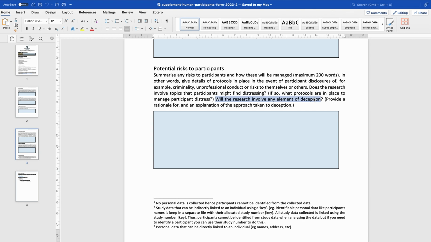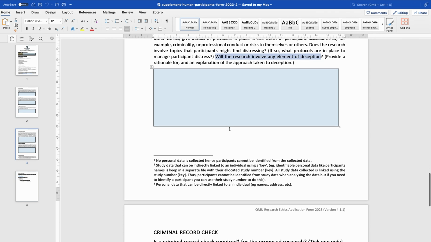So there's a good reason there to deceive them at the very beginning. So in that case, you would explain the rationale and explain the approach, and explain that they will be informed of the real reason for the study after they've provided the data. Okay.